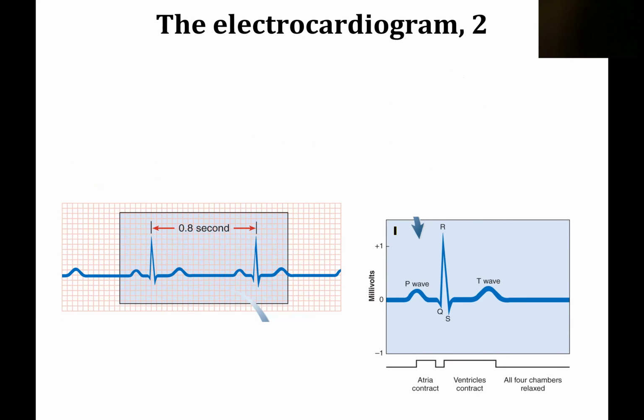So the electrocardiogram is a recording of the electrical activity in the heart tissue. The electrocardiograph is the machine that does this. Now you have to go through a certain training and certification program to be able to record these and to be able to read them.